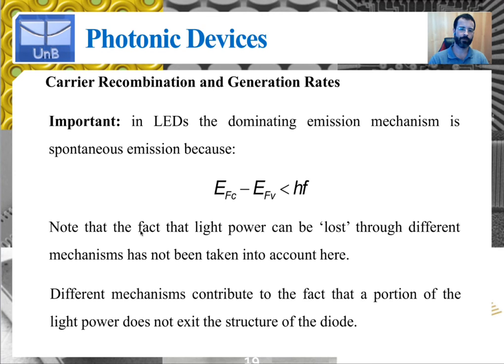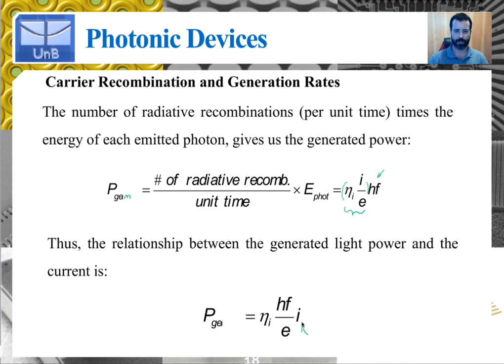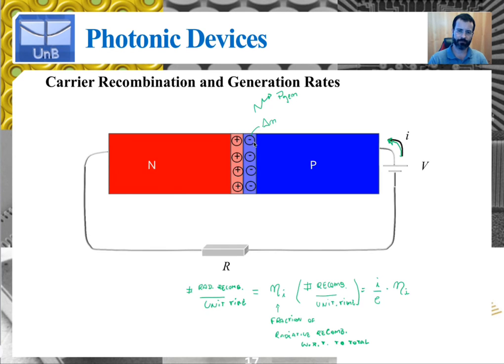Also, the fact that light power can be lost through different mechanisms has not been taken into account in this expression right here. This is just the power generated by radiative recombinations inside the active region, i.e. the depletion layer. But if we consider all of the light that is generated, some of it can be lost due to reabsorption, scattering, reflections.